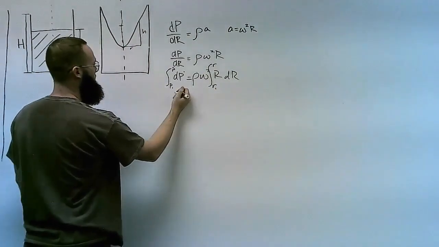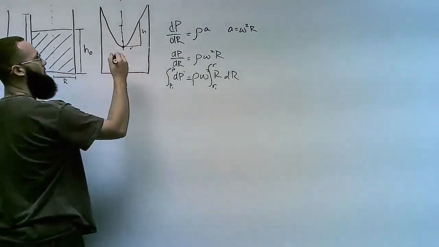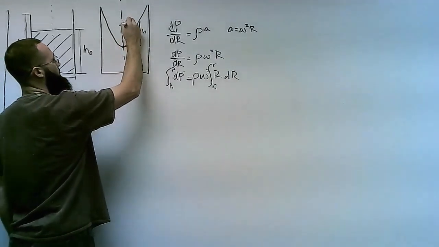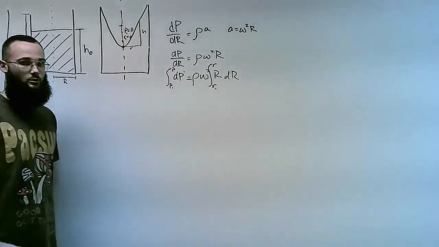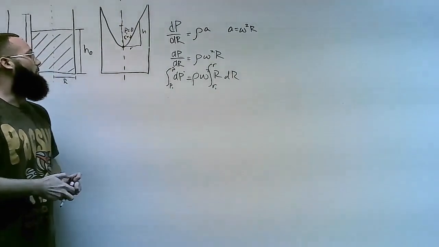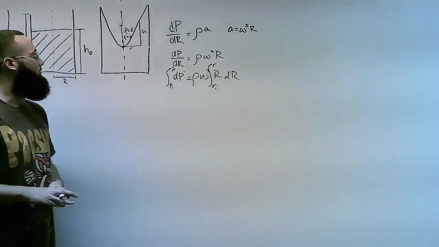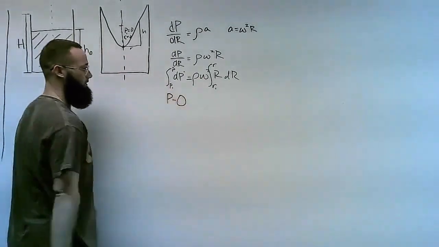First, this would be the point of our P1, R1, which would make both of those 0. The pressure is right on the surface of the fluid, so it wouldn't have any pressure from the fluid, and the radius is obviously 0 because it's on the center of the cylinder. So this makes this a really easy integration.